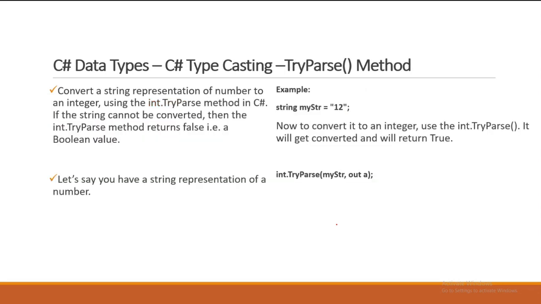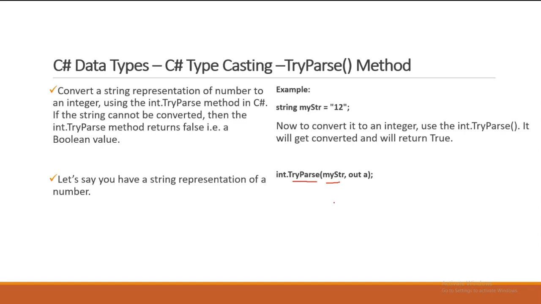Another method is the TryParse method in C#. We are going to see the example. TryParse can be used with int, with DateTime, and so on. Here it takes two parameters.